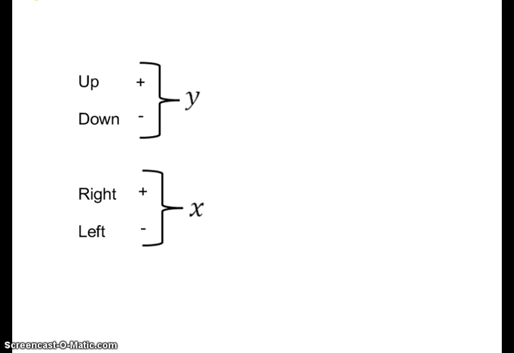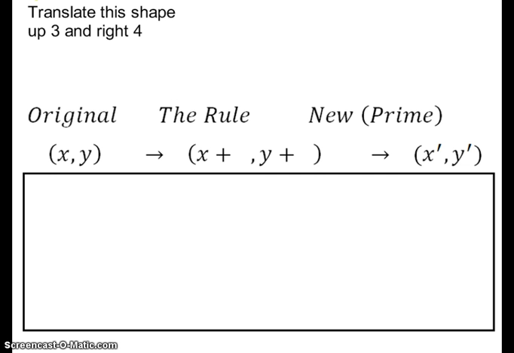Here's a shortcut. When I look and I see move something up, I know it's positive. Down it's negative, and both of them are working on the y. Right is positive, left is negative, and those are both working on the x term. So for instance, when we start with this one, it says translate this shape up 3 and right 4. The first thing I'm thinking about is this, up 3.